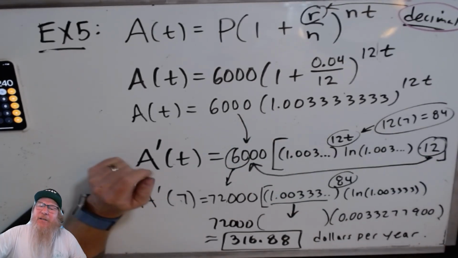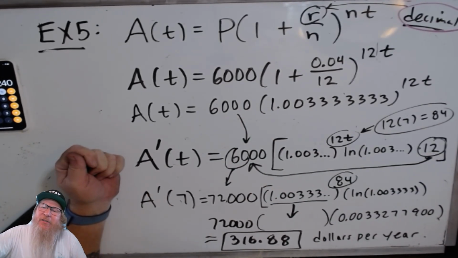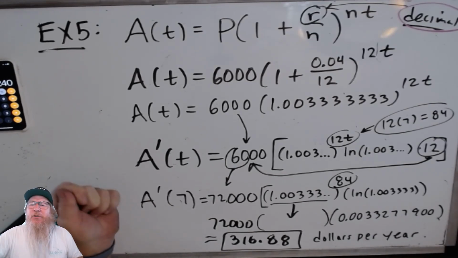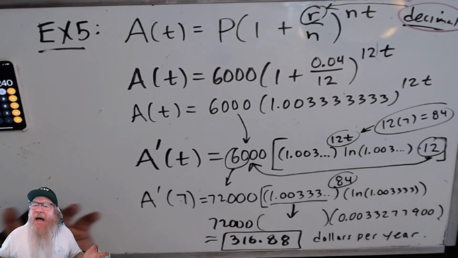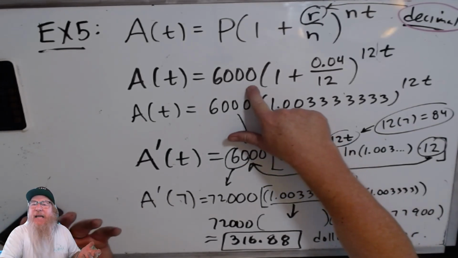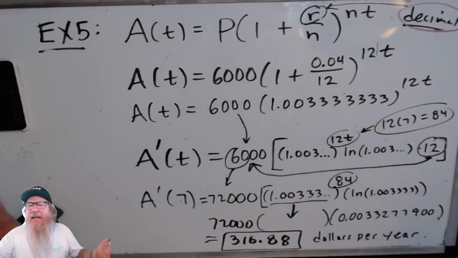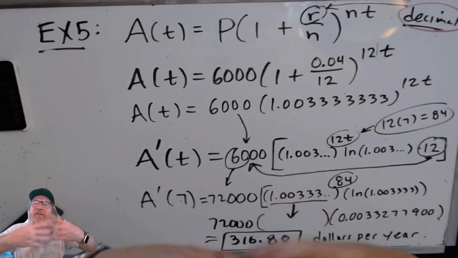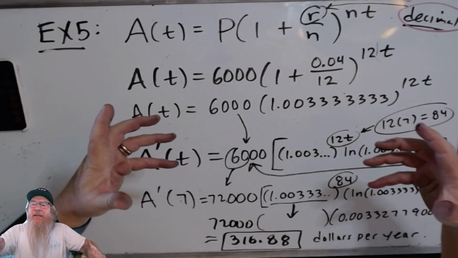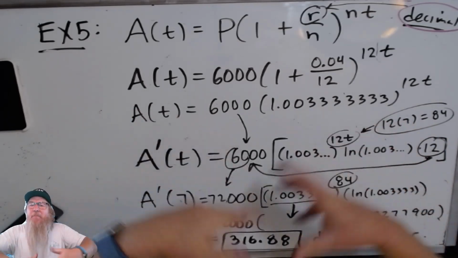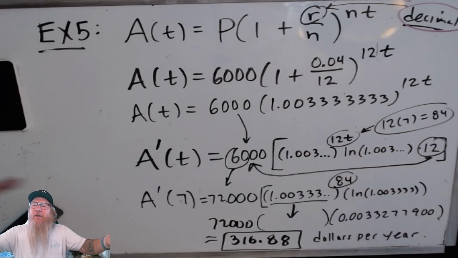So when you see a percentage, it's not what's called a simple interest percentage. You can't just multiply 4% times 6,000 and then do that times 7 years and get the right number, right? Because what's happening, we call that the snowball effect. It's compounding, it's growing and growing and growing.